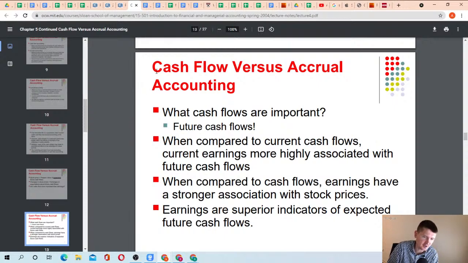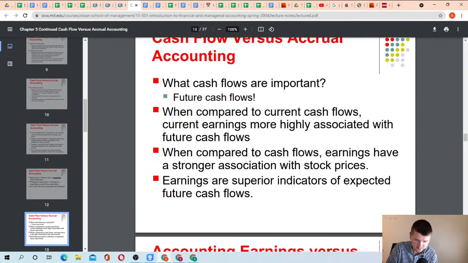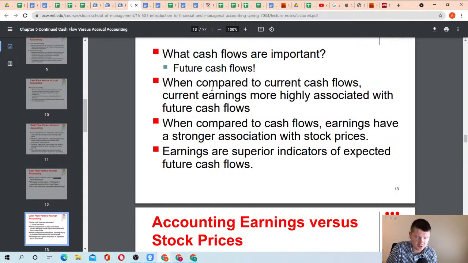A couple of arguments they made here: future cash flows are important, forecasted, because they are used to value the company. And accrual accounting is backward looking. It looks at the past, while future cash flows look at the future, and your current earnings are more associated with your future cash flows.